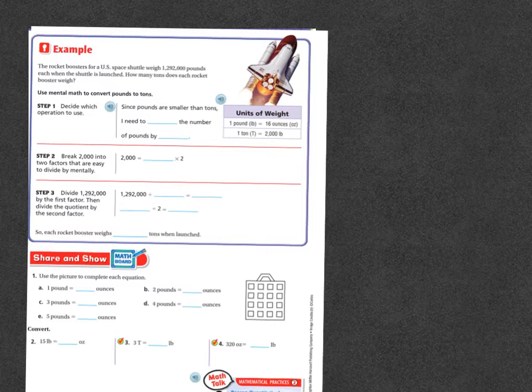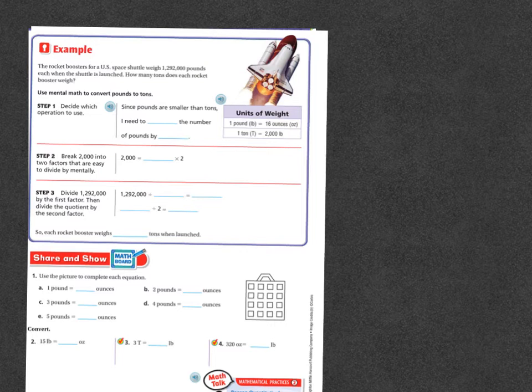All right, here in the chart, we have 1 pound equals 16 ounces and 1 ton equals 2,000 pounds. So step 1, decide which operation to use. Since pounds are smaller than tons, so we're going from smaller to larger.